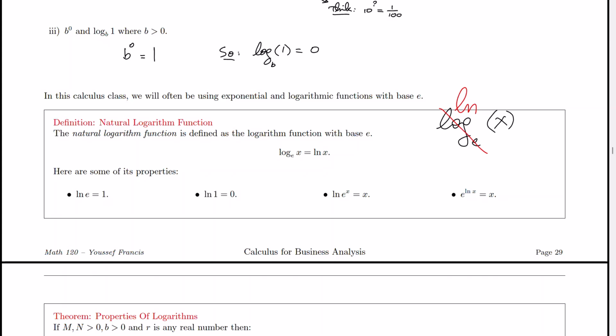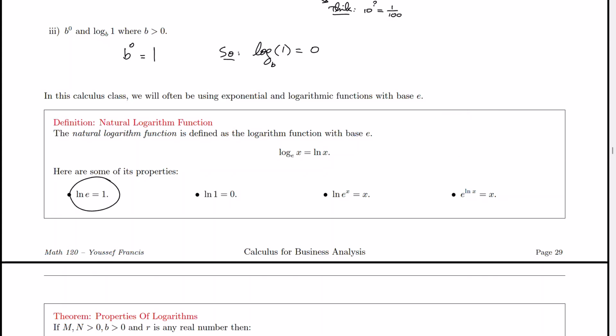So ln, remember that key on the calculator that we talked about a few minutes ago? ln is just a shortcut notation so that we don't have to write down log base e. So you can think of it as log base e. When you see ln, you should think to yourself, oh, the problem is dealing with the log that has base e. And some of the properties of ln are the following.